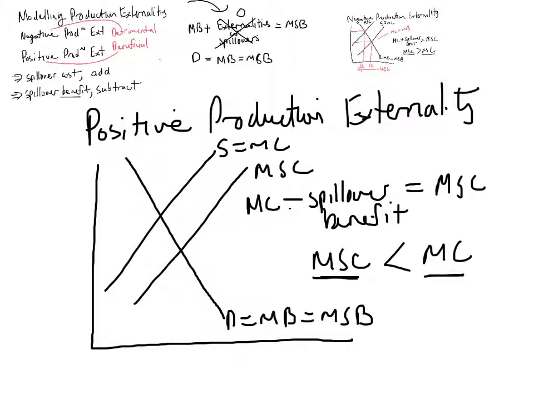Okay, so let's get in and analyse what's going on. What does the free market want to do? It wants to supply this quantity here, doesn't it? Because that's where marginal cost equals marginal benefit. But that perspective is too narrow.